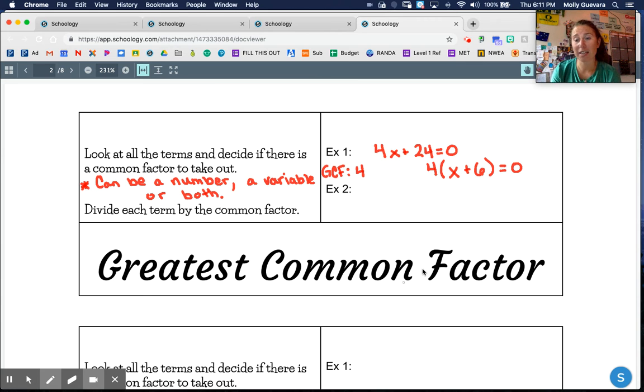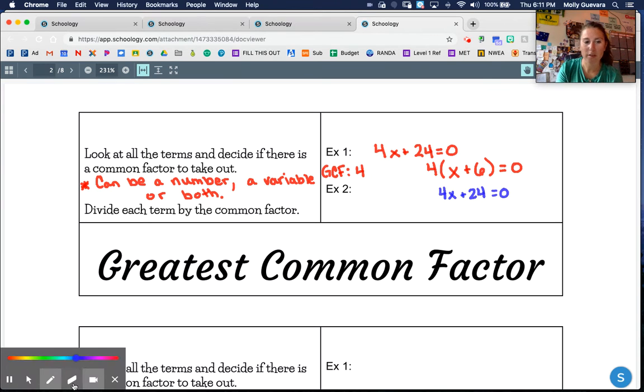That's as far as I can factor in this problem, okay? Don't write this part down, but I do want to show you that you can check your work by distributing it back in. 4 times x is 4x. Again, you don't have to write this part. 4 times 6 is 24. And if you get what you started with, then you know that you factored it correctly.